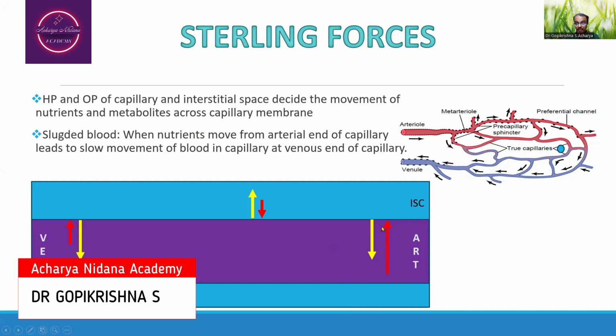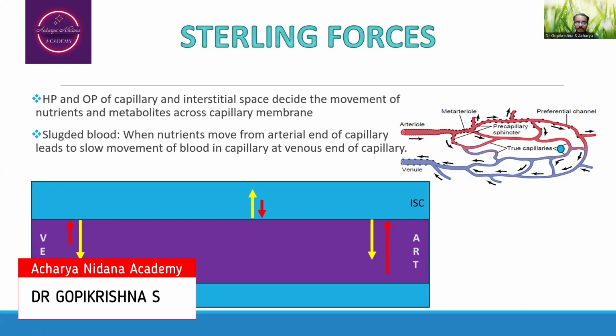These are nothing but the pressure gradients formed by the water, electrolytes and proteins. The water content present in the capillaries is responsible for the hydrostatic pressure.